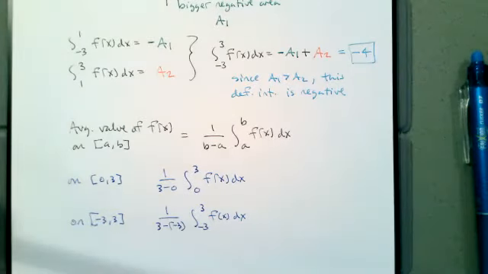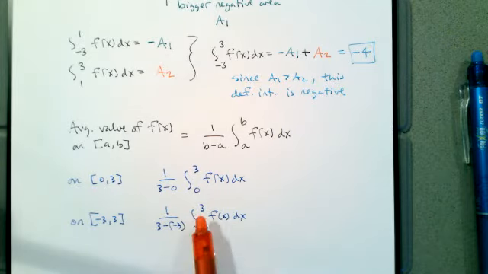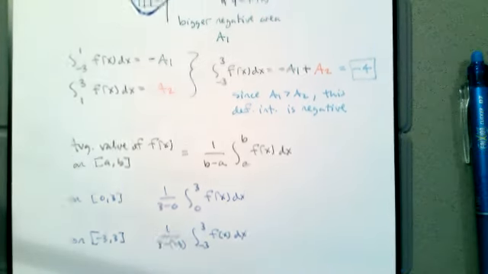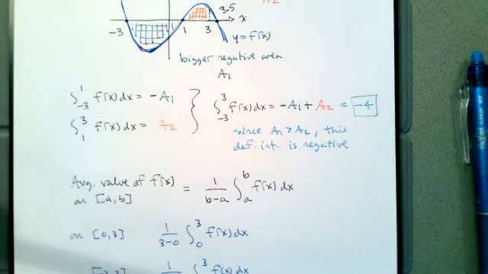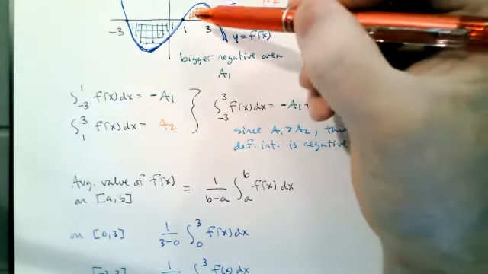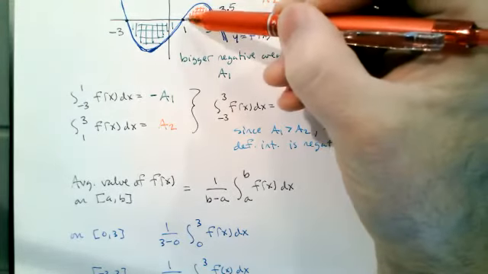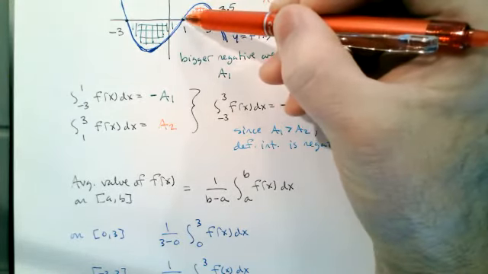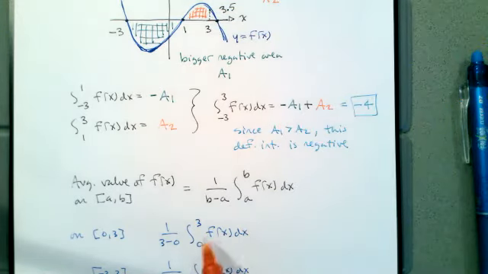So whether we actually get these values or not, I guess we do kind of need these. No, we don't. What we notice is that if we look at the graph from 0 to 3, it's mostly positive. It looks pretty positive because the integral from 1 to 3 looks like more area than from 0 to 1. So this is going to be positive, and then we take that positive number and divide it by 3.